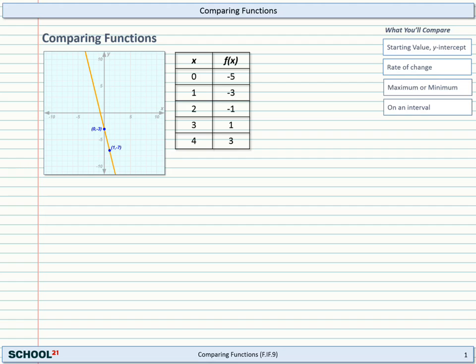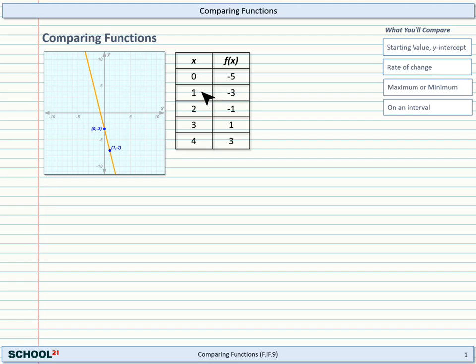And we could ask ourselves, for instance, on the interval 0 to 1, so when x equals 0 to x equals 1, which function has the greater maximum value? So let's see. For this function, the maximum value between 0 and 1 is -3, because that's a larger value than -5.